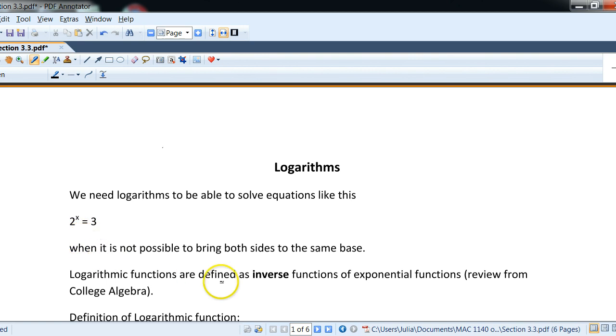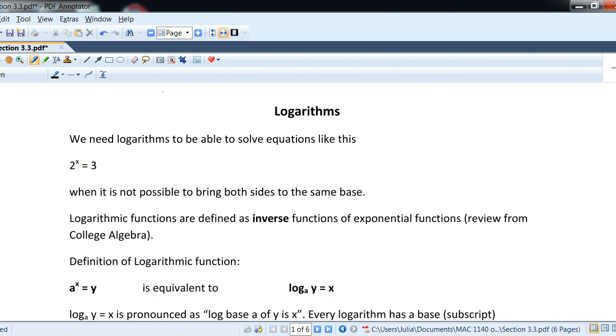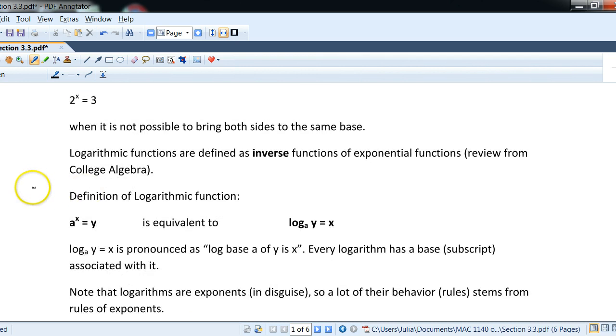So what can we do? We can define logarithm functions. So let's take a look. Each logarithm is coupled with its own version of an exponential equation. So for example, if the base a to the power of x is equal to y, it's actually the same thing if we rearrange it slightly as the logarithm of base a, the same base as in this exponential equation, of y.